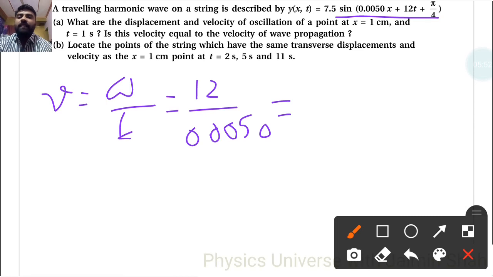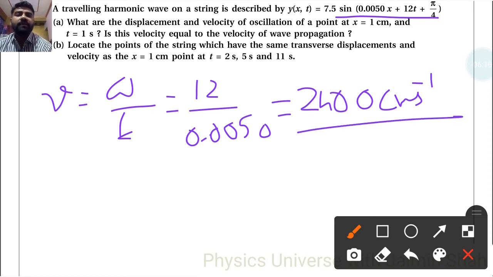So 12 upon 0.005 is 2400 centimeter per second. So it is completely different, because earlier it was 87 something centimeter per second. So they are not equal.